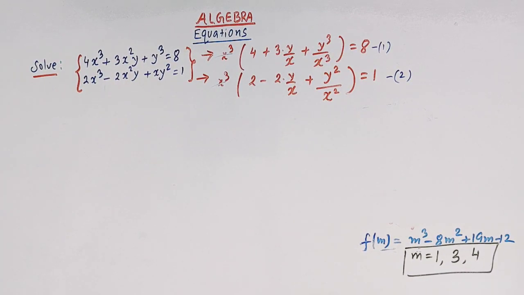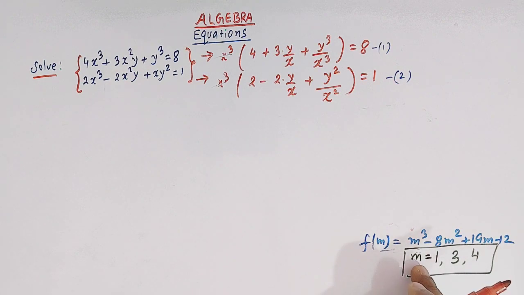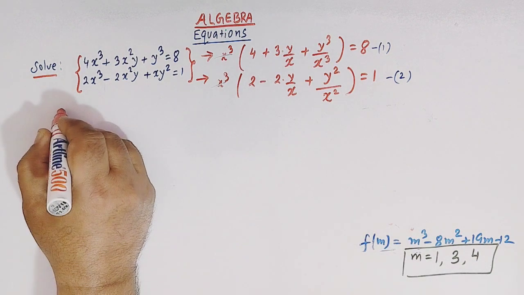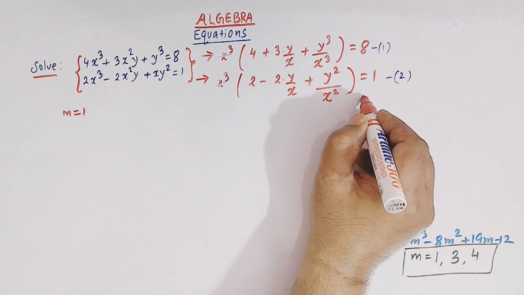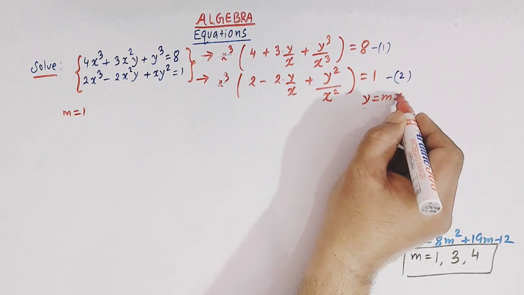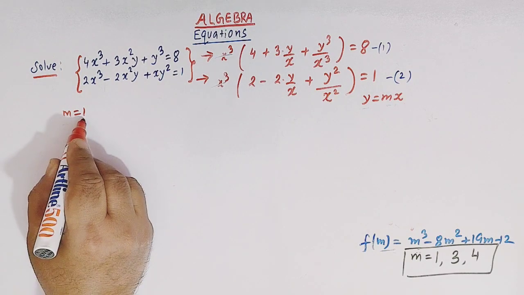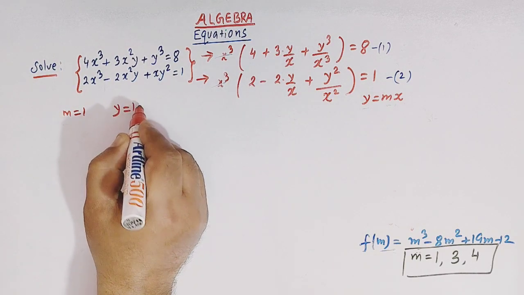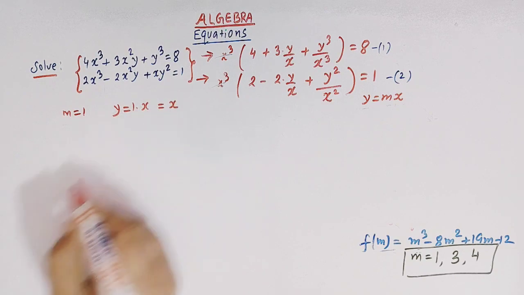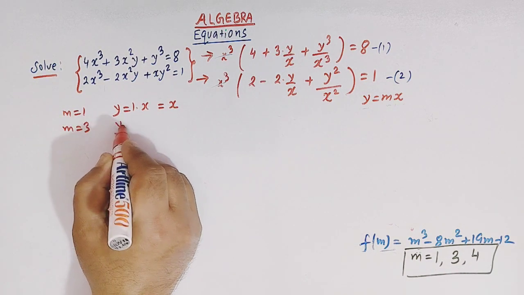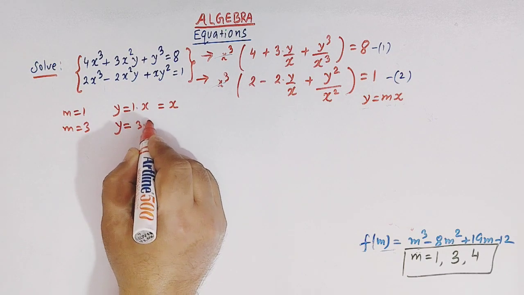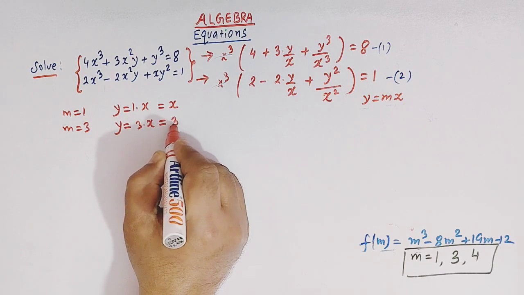So viewers, we have got three values of m here, right? So for m is equal to 1, since we have already assumed that y is equal to m times x, so when m is 1, y is 1 times x, that is x, right? And when m is 3, we have y is equal to 3 times x, that is 3x.